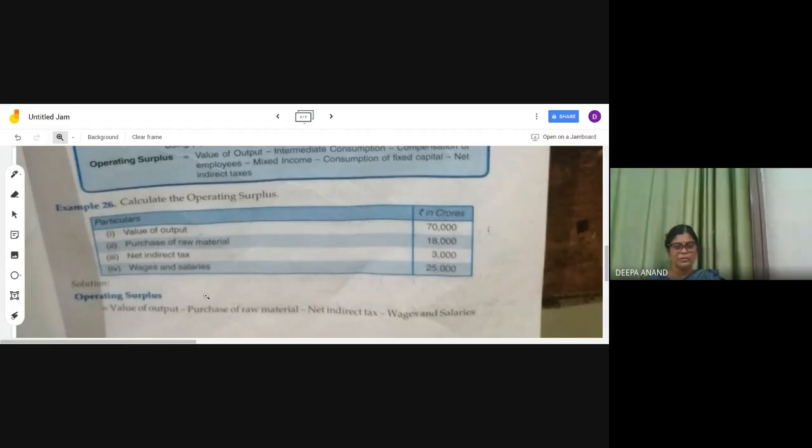Here you will get the value of operating surplus. So this question is also for operating surplus. Here instead of sales you are given value of output, so sales minus. Instead of intermediate consumption, purchase of raw material is given, so minus that. Then NIT minus. Instead of compensation, you are given wages and salaries, minus that. You will get the operating surplus. Okay, so that is the other question for operating surplus.